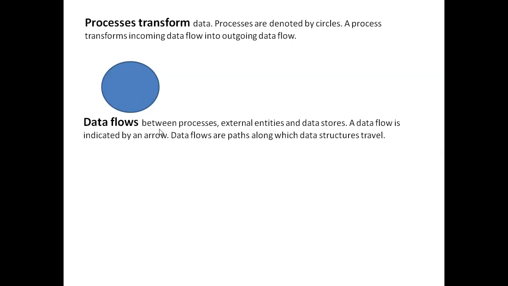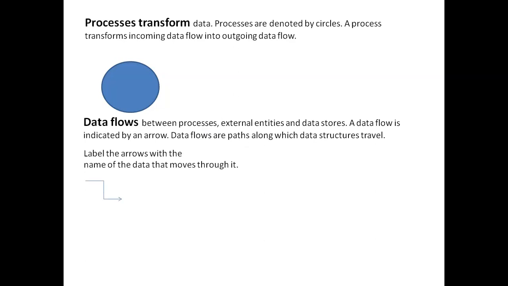Data flows. The data flows between processes, external entities, and data stores. Whatever data flows between particular entities, like a process is doing, or any entity is storing any kind of data, all these flows are described in the data flows. Data flows are indicated by an arrow.